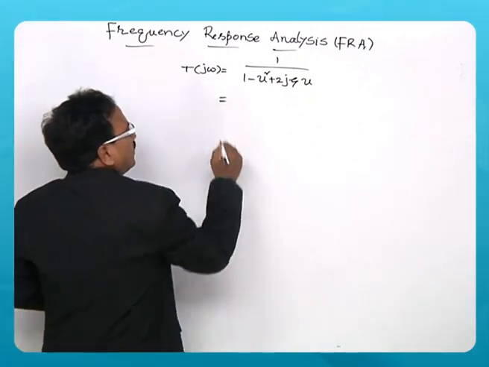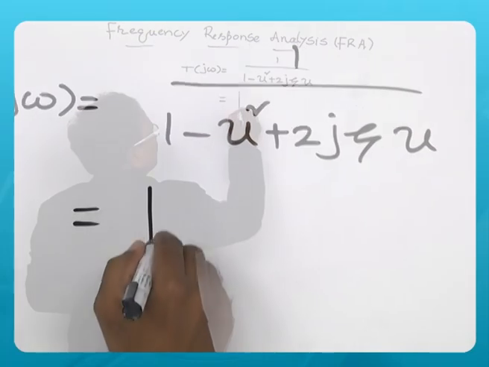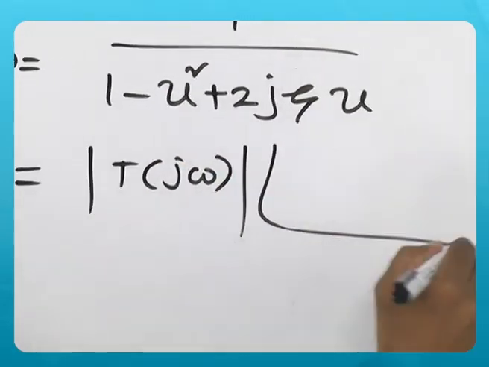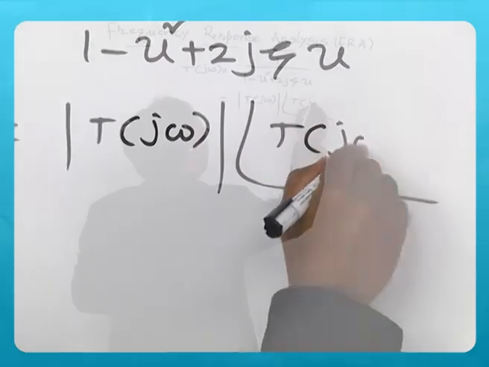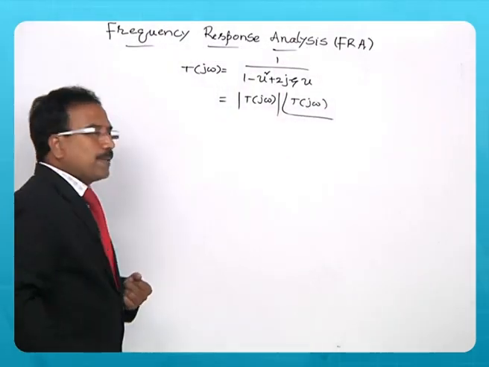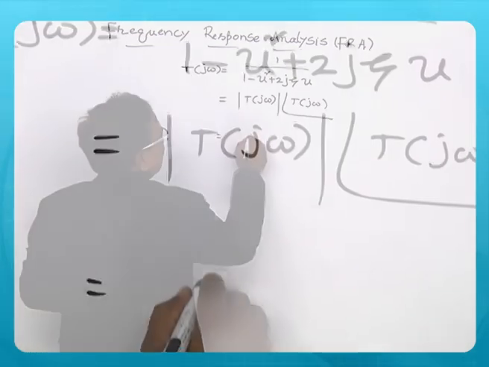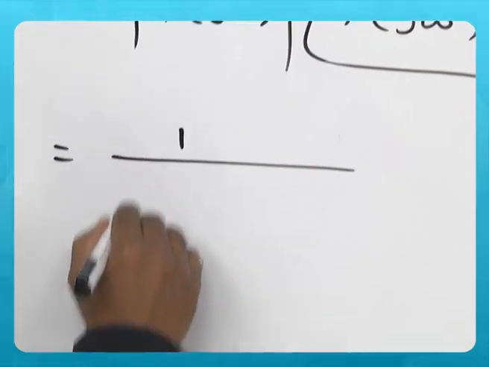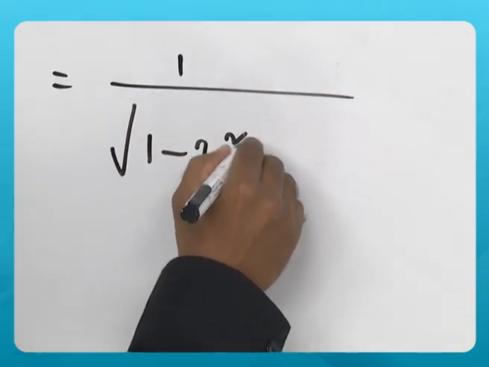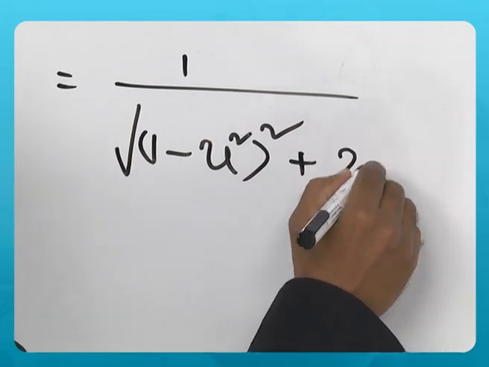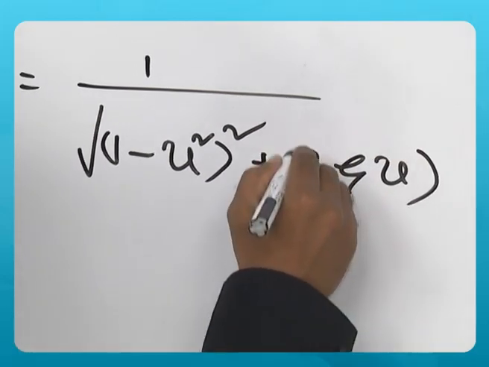This can be represented in polar form, that is the magnitude of T of j omega and the phase angle of the given function, where the magnitude is 1 by under root of 1 minus u square whole square plus 2 zeta u whole square.